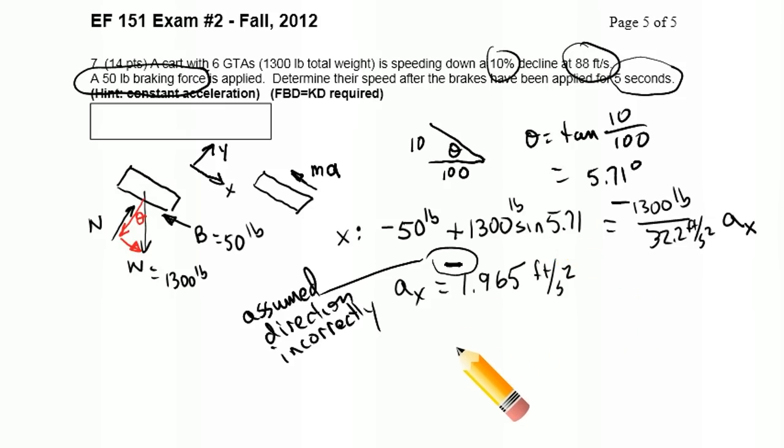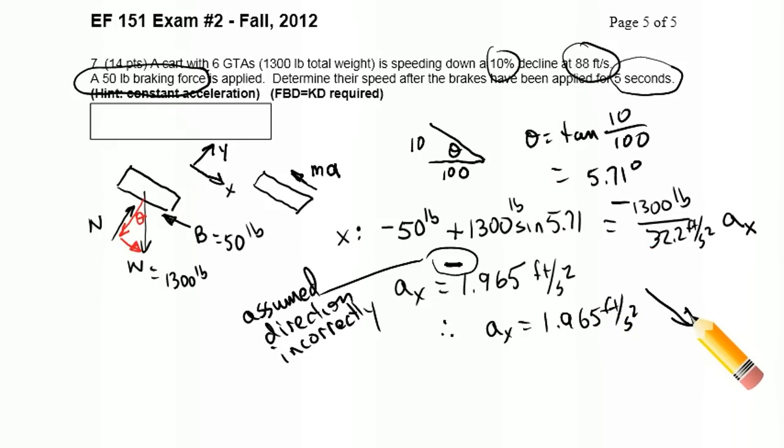A little bit of a confusing situation here, but this means therefore the acceleration in x is really 1.965 feet per second squared down the hill. Okay. So then I have to factor that into my final velocity, initial velocity plus acceleration times time.